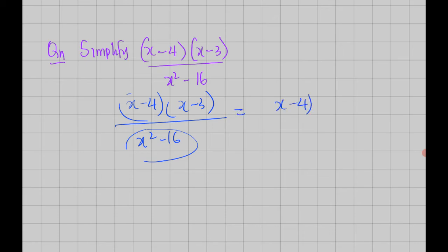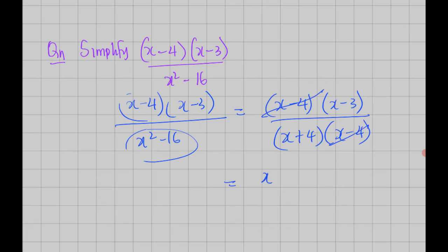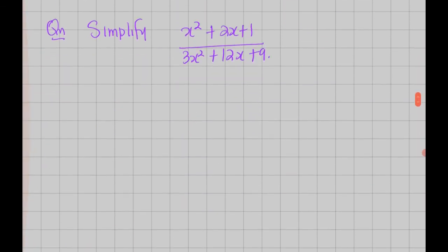So what do we get? We get x plus 4 times x minus 4. That's the same as x squared minus 16. So you can see now that you have factors. x minus 4 can cancel x minus 4, and then our result will be x minus 3 over x plus 4. So this will be our answer, right? And we move on to the next.